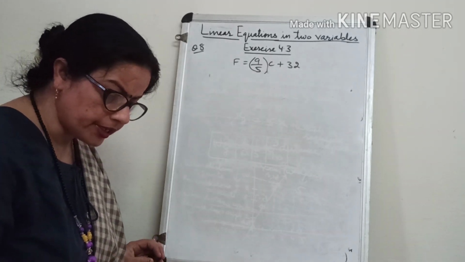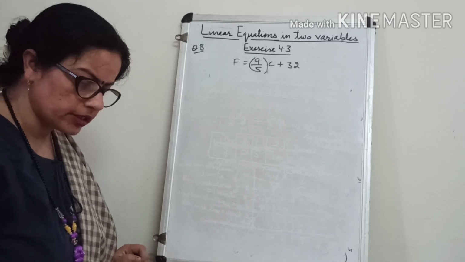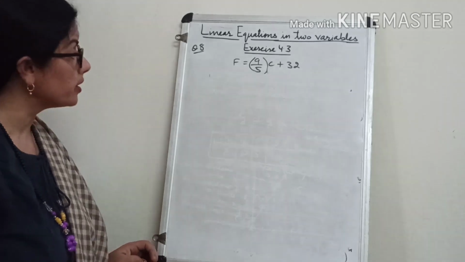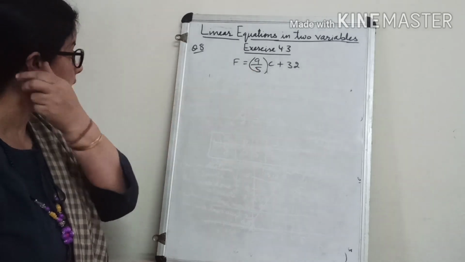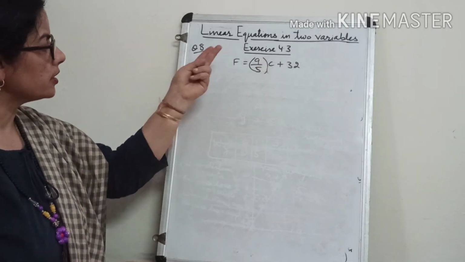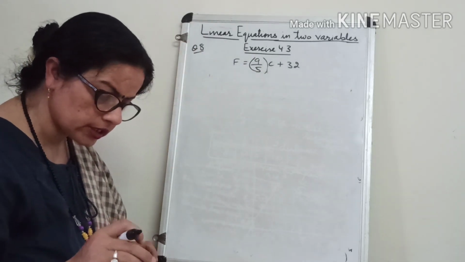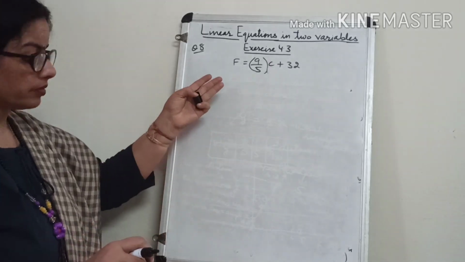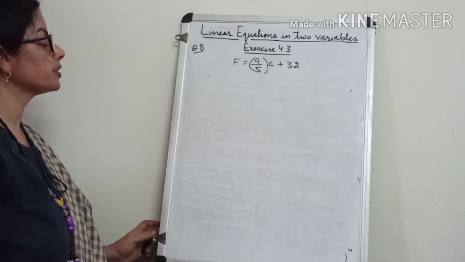You know that in countries like USA and Canada, temperature is measured in Fahrenheit, and in India it is measured in Celsius. So this is the relation. With the help of this, we can convert any temperature in Celsius to Fahrenheit and Fahrenheit to Celsius. First question is: draw the graph taking Celsius on x-axis and Fahrenheit on y-axis.